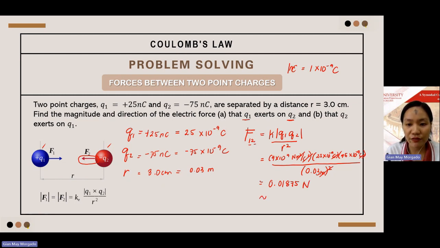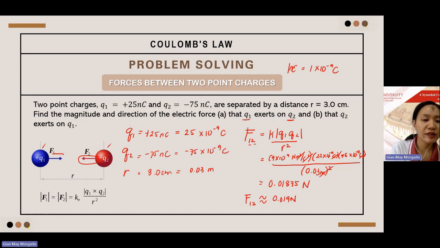So, rounding off to two non-zero numbers, the force exerted by Q1 on Q2 would be 0.019 newtons. Now, to answer letter B, which is the force that charge 2, Q2, exerts on Q1, by the law of interaction, the magnitude of the force exerted by Q2 on Q1 would be equal to the force exerted by Q1 on Q2.